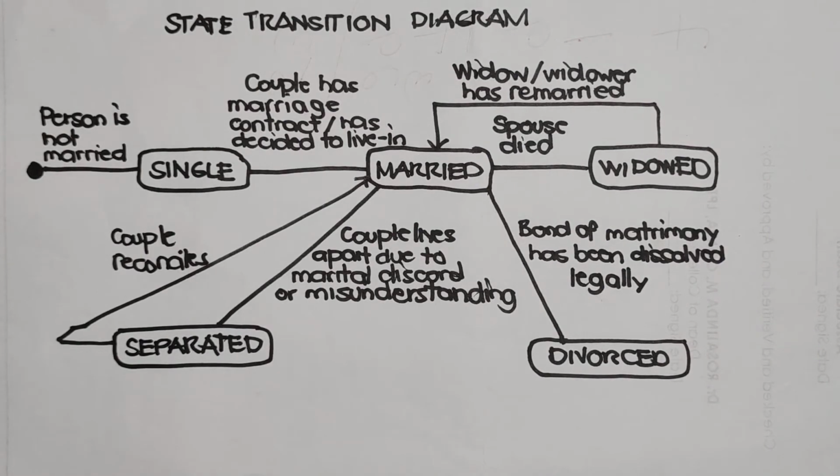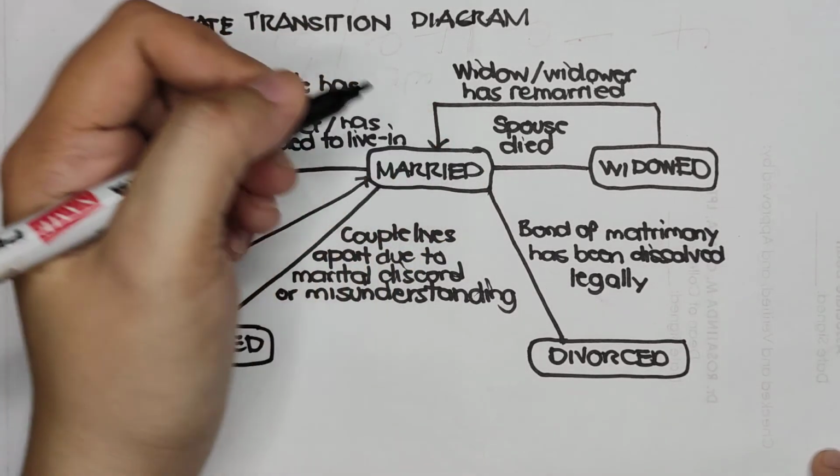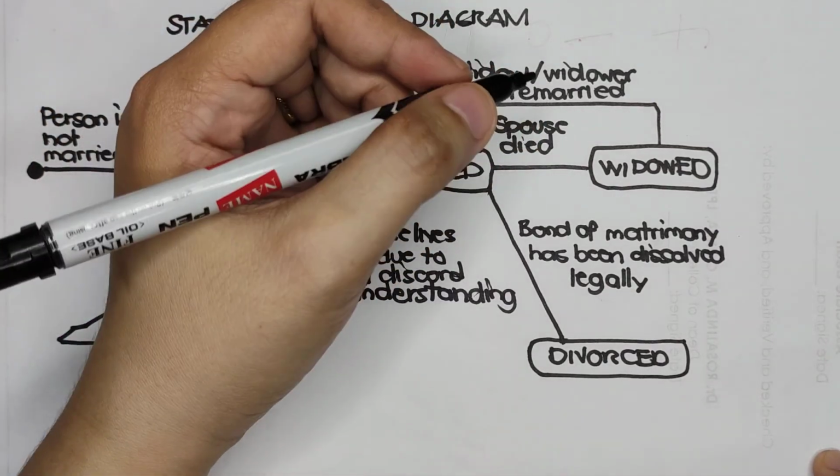And then can the divorcee marry? Of course, they can be married.